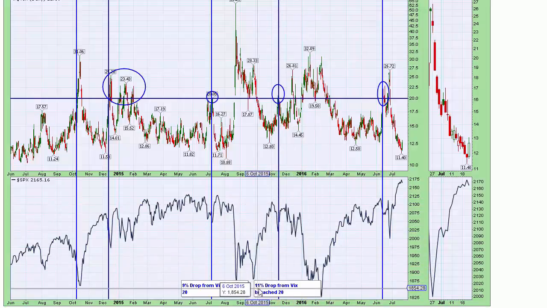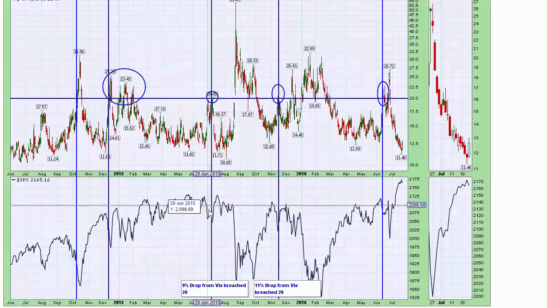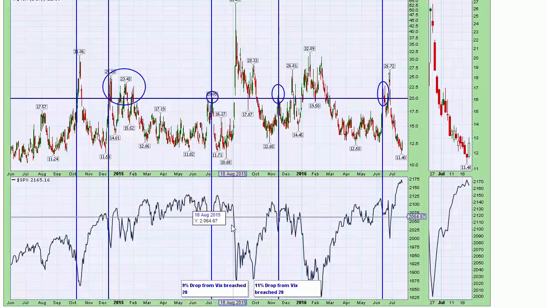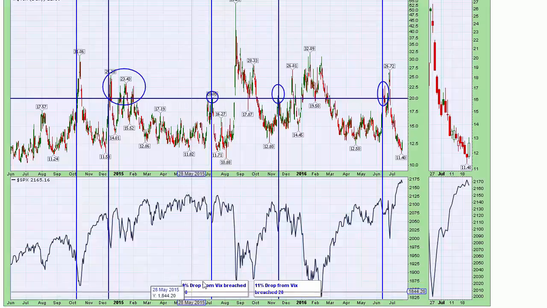The S&P 500, which I'm calling the market, dropped 11% from the time the VIX breached the 20 level. Now over here, you can see the VIX breached the 20 level. It was a very short-term bottom, came back, the S&P tried to break to new highs, and then completely rolled over. The S&P dropped 9% from the time that VIX breached the 20 level.